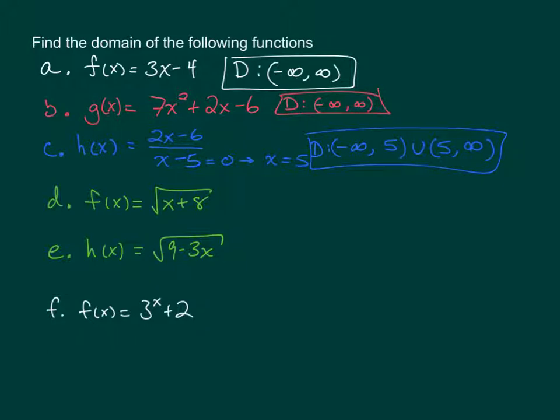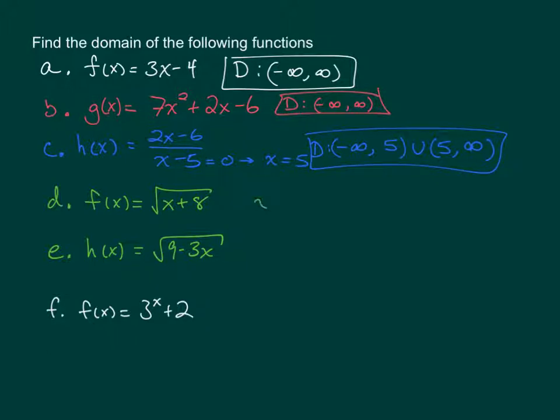Part D and E are going to be very similar. So when you're working with a square root function, for square roots that have real resulting answers, that means the inside of the square root needs to be bigger than or equal to 0, because those are the numbers that we can actually type into a calculator and get back some either whole number or decimal approximation.